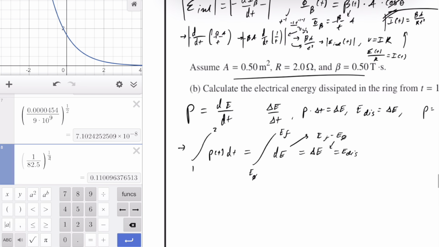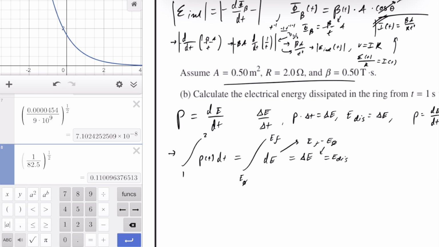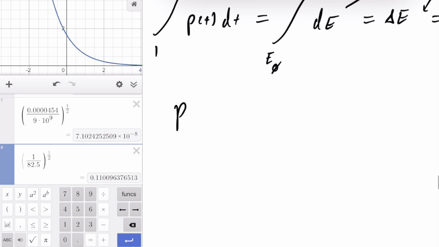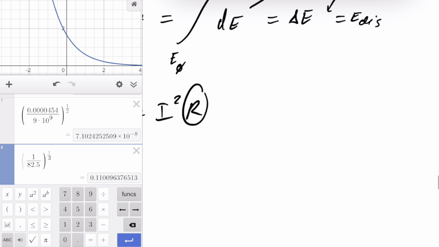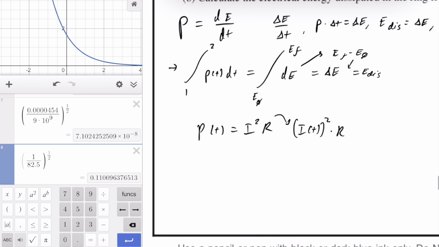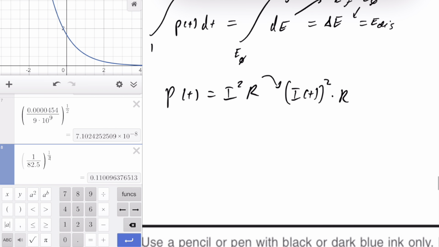So now I need to think, why did I use calculus? I could not have just done change in E because the current is changing as a function of time, meaning the power is changing as a function of time. Because in circuits, the power dissipated is I squared R. So if R is varying, which it is not, right? If I is varying, which it is, I have to use I of t squared times R. And since R is constant, we'll just pull that out of our integral.